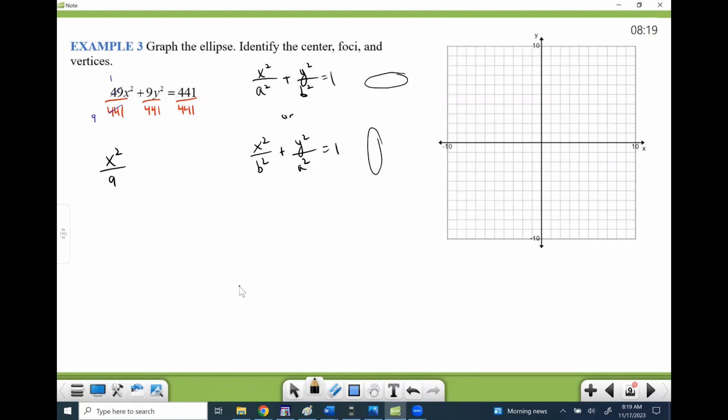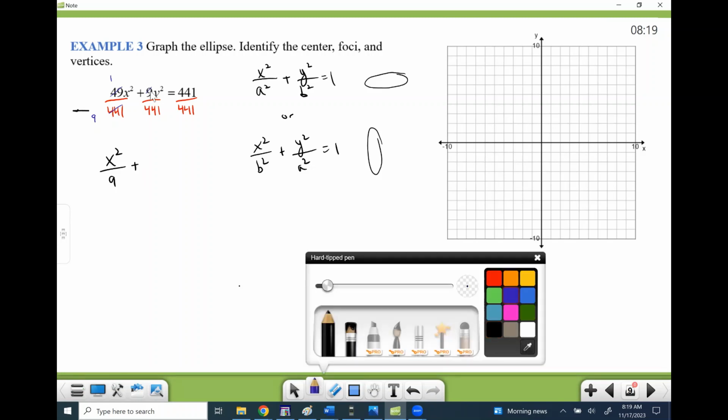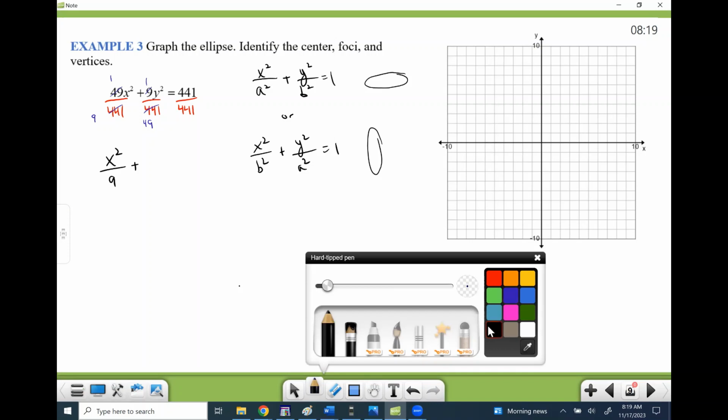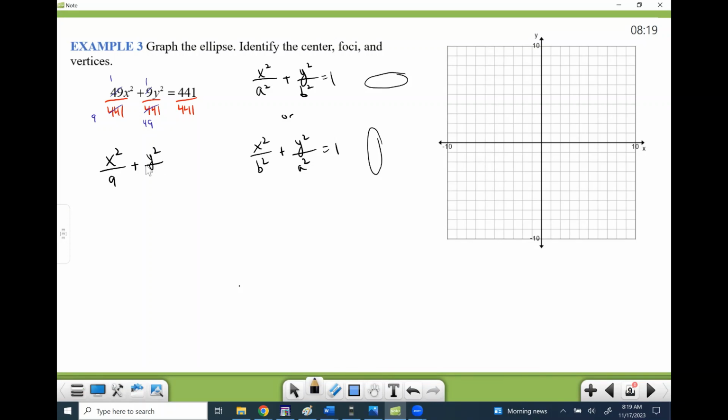If we do the same thing for the other one, 9 goes in once, and 9 goes into 441 49 times, so we're going to have a 49 in the denominator. Cool, we got this into the standard form for an ellipse.